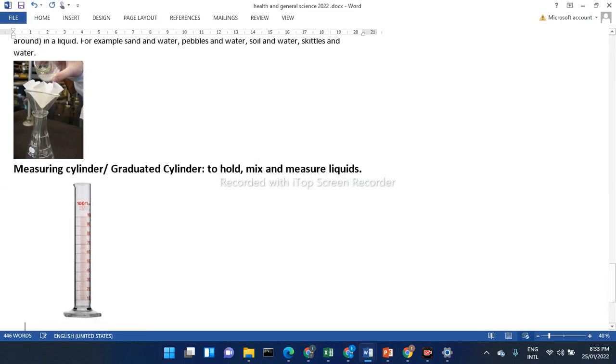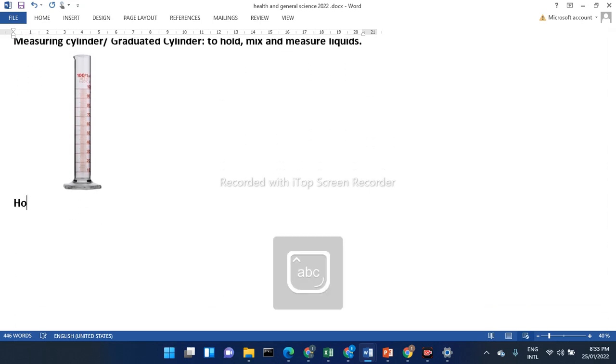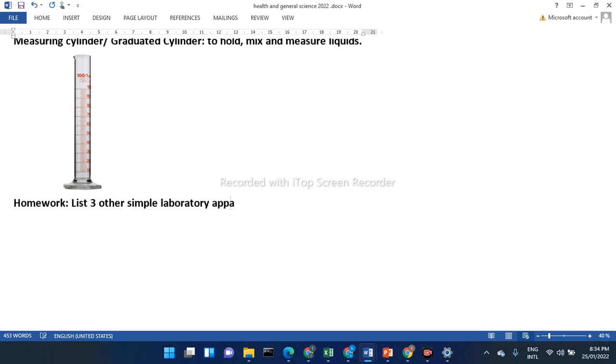Alright, so for homework, I want you to list 3 other simple laboratory apparatus that we did not talk about tonight, and tell me what it is and state its function.